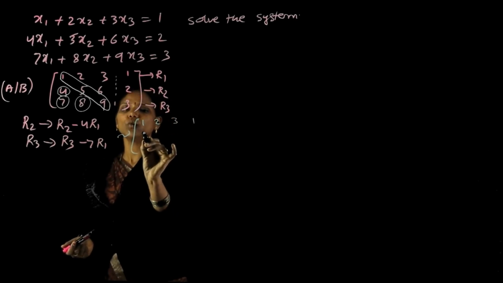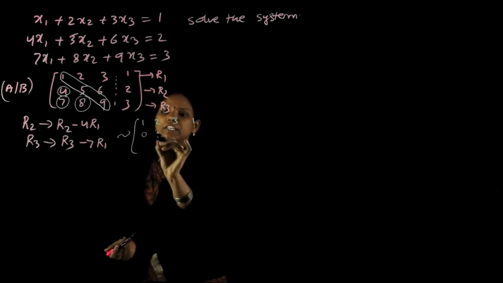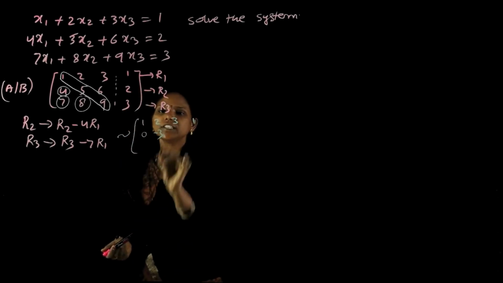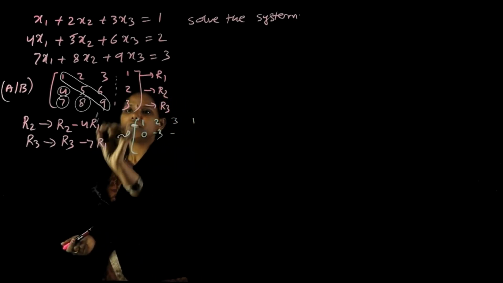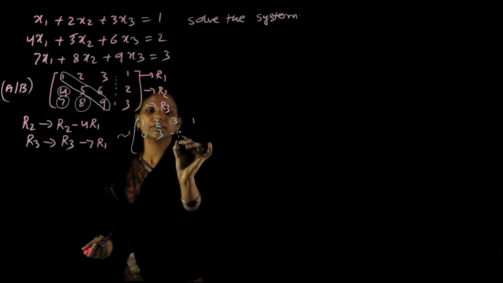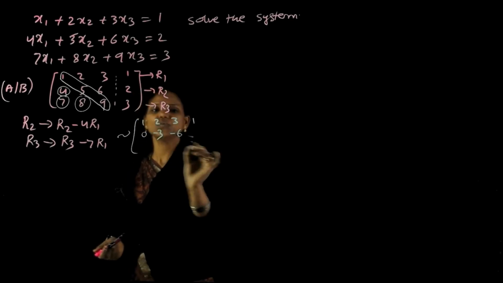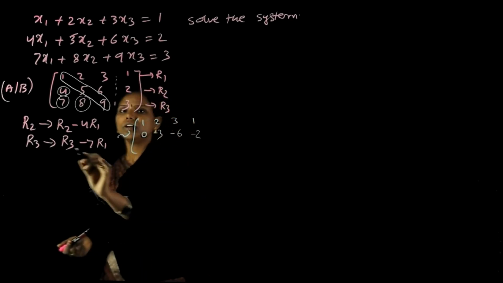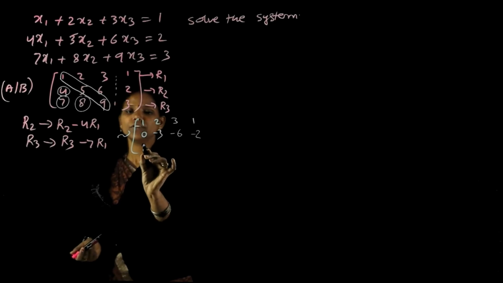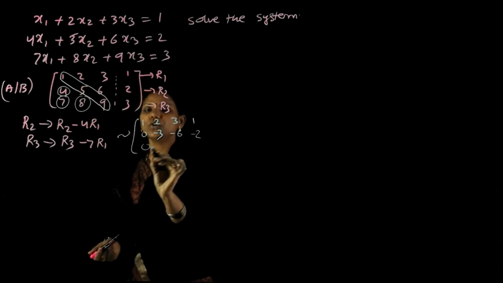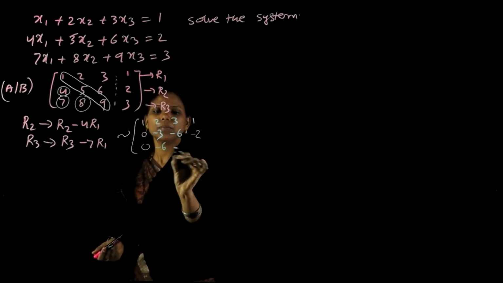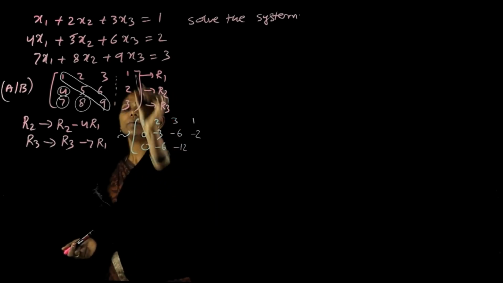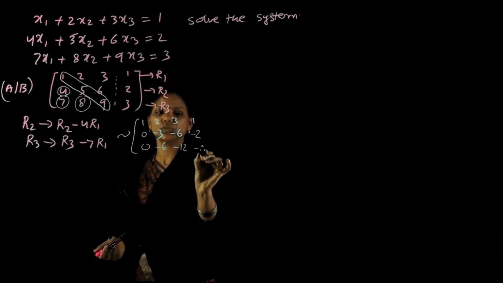Second row: 4 minus 4 is 0, 5 minus 8 is minus 3, 6 minus 12 is minus 6, 2 minus 4 is minus 2. Now R3: 7 minus 7 is 0, 8 minus 14 is minus 6, 9 minus 21 is minus 12, 3 minus 7 is minus 4.